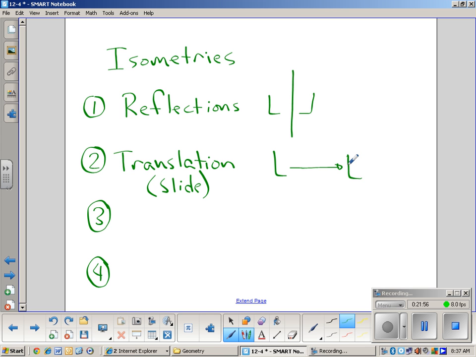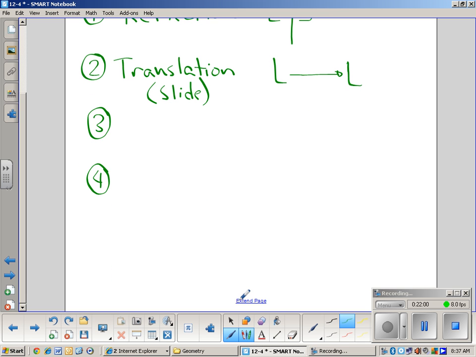Okay. And what's the third one? A rotation. And so that looks something like this. Okay? So we're rotating it. We'll pretend our point is right here. We're rotating it about our point.